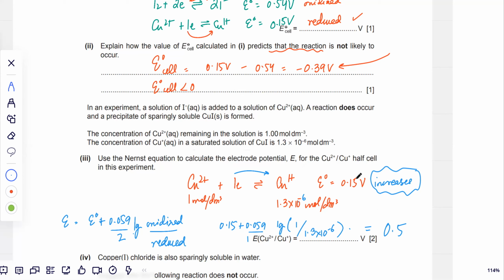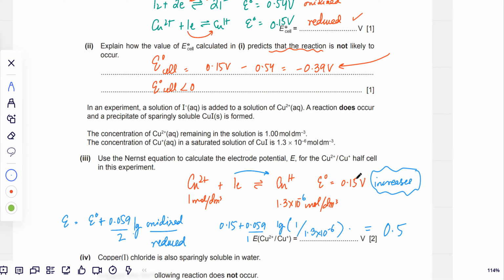Eventually this would become higher than the first one, so this one is going to go forward, this one is going to go backwards, and the reaction is going to take place, which is why in the experiment a reaction does occur, because you're using non-standard conditions. So is this clear? Yes, sir. Abdullah, is this clear? Yes, sir.